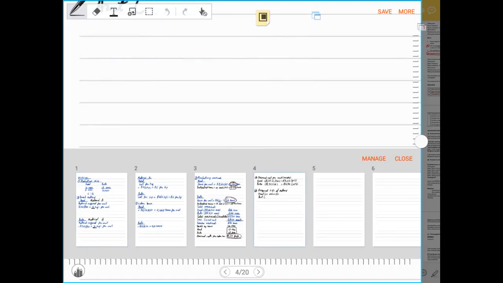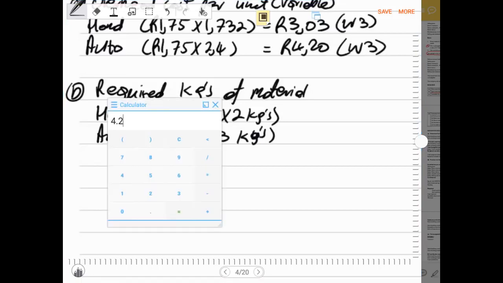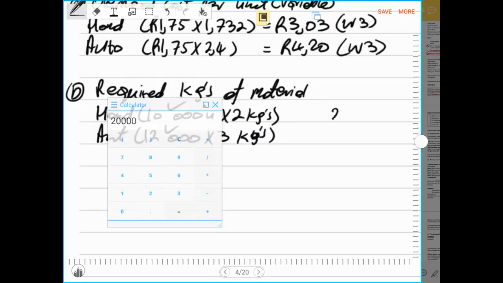So now we proceed on that note. 10,000 units and 12,000 units are the units the company budgeted to manufacture, and we times these by 2 kgs and 3 kgs. Therefore, this will give us the kgs that are needed to manufacture 10,000 units and the kgs needed to manufacture 12,000 units. So 10,000 times 2 kgs per unit gives us 20,000 kgs that are required.